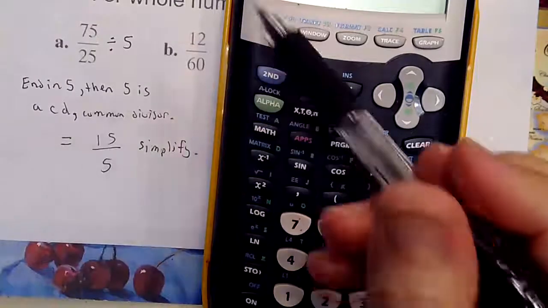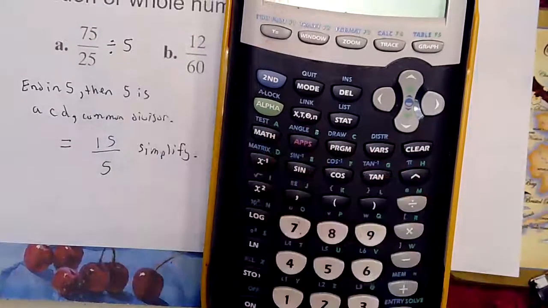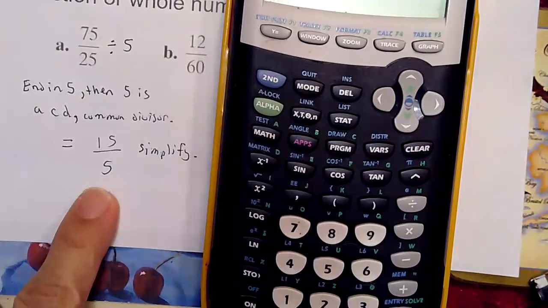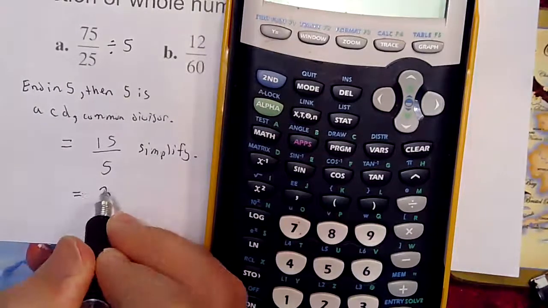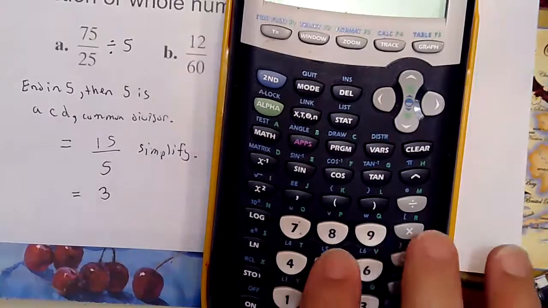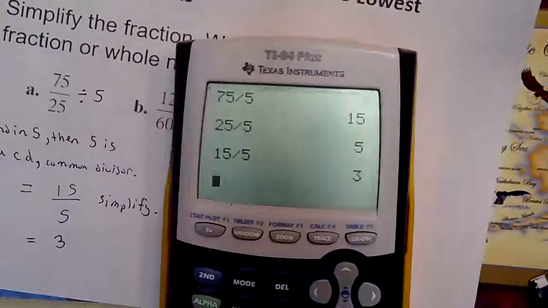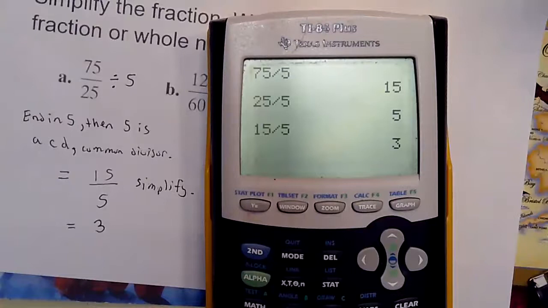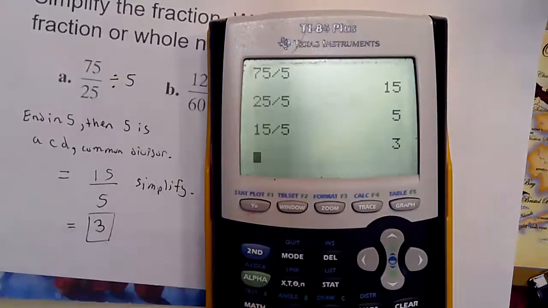Maybe we didn't see that 25 will go into 75 evenly, but here 15 divided by 5 is easier to see. That gives me 3. No need to write 3 over 1 because 3 over 1 simplifies to just 3.